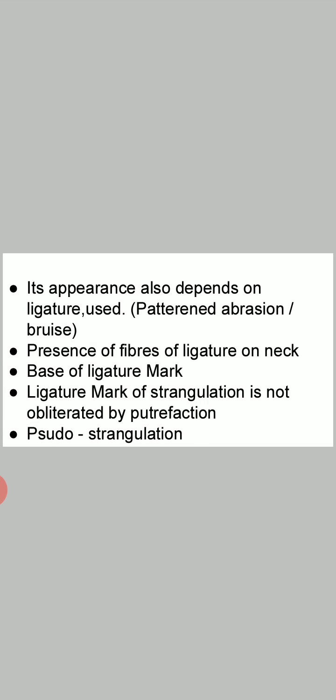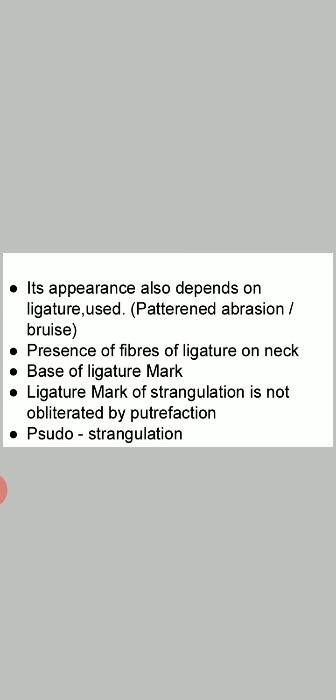Further about ligature mark, its appearance also depends on the ligature used. Whatever kind of material is used as ligature will produce the ligature mark accordingly. As a result of ligature, you will find patterned abrasion or pattern bruise.